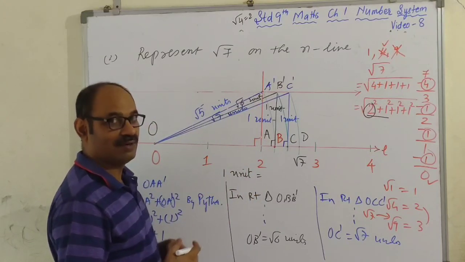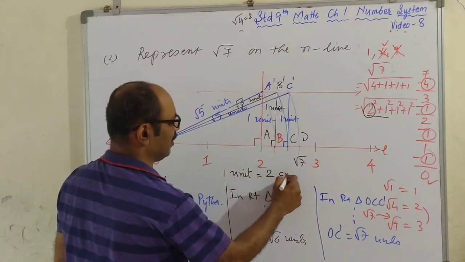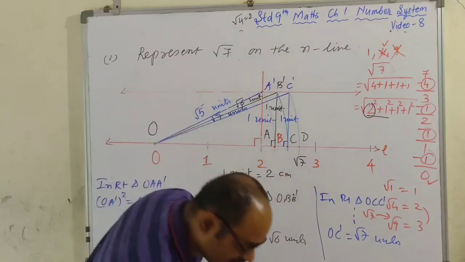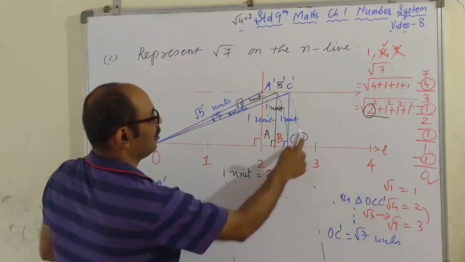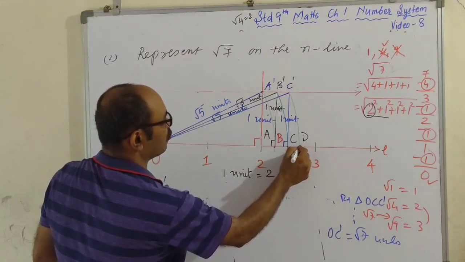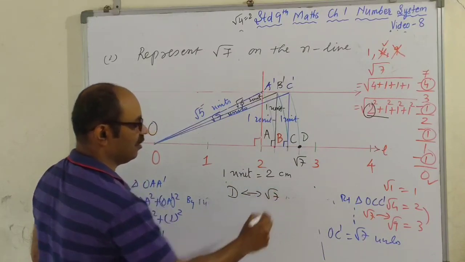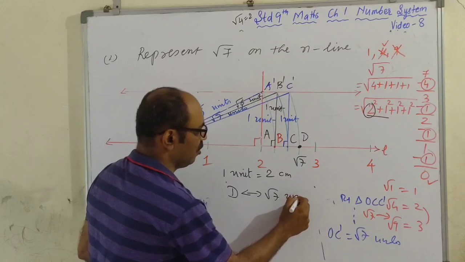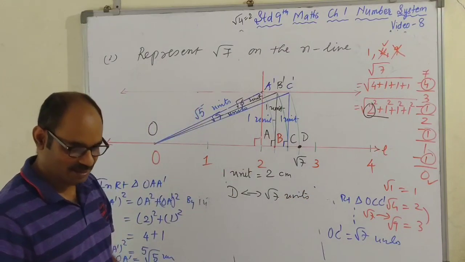But better you take 2 centimeter. Alright? And below that scale, you write down the point, I will make it bold: D corresponds to root 7 units, where 1 unit is equal to 2 centimeter.